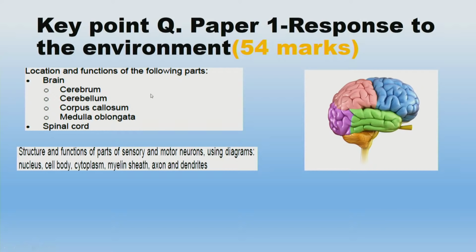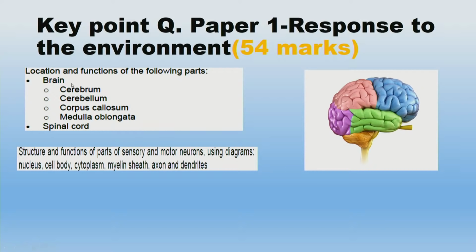So please remember that you have to know the location and the functions of the following parts. Under the brain: cerebrum, corpus callosum, and medulla oblongata. Please make sure that you know the location and function of those parts.